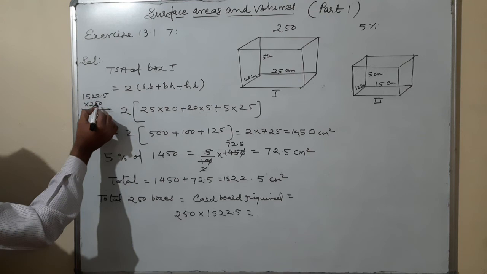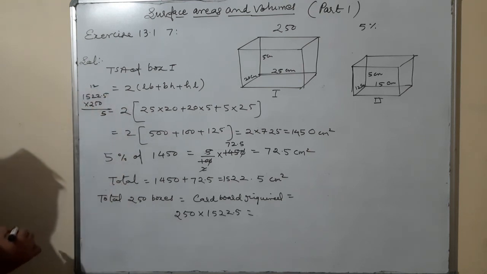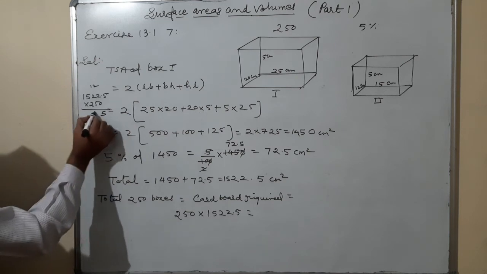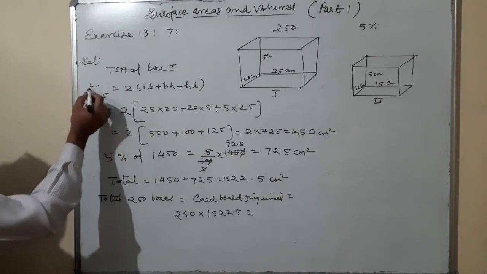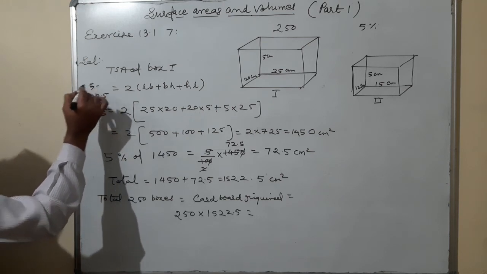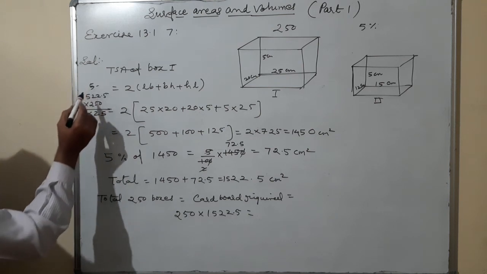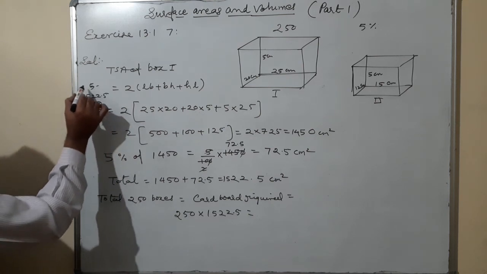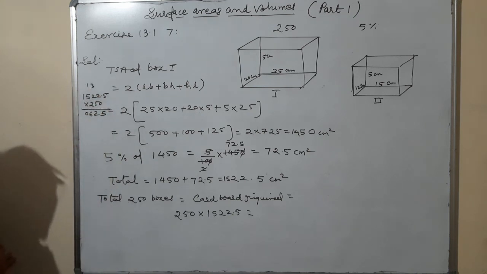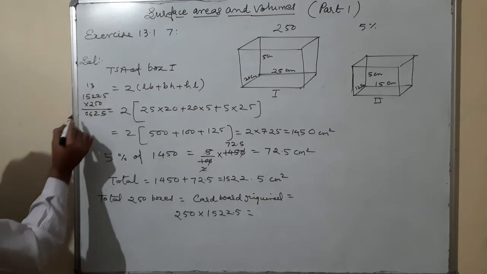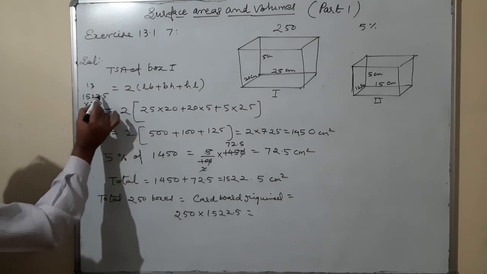So 25 fives are 125, then 25 twos are 50, and so on with the carries. Now 25 fives are 125, and 25 ones are 25, and adding the carries. Okay, after the decimal, 1.